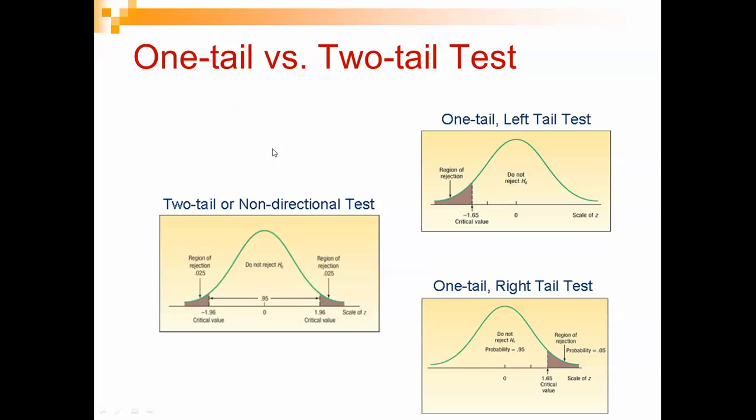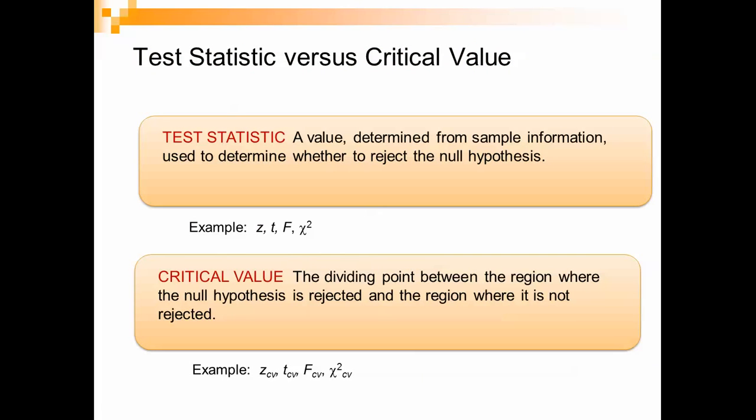So let's make a distinction between a test statistic and a critical value. The test statistic is a value that's determined from sample information used to determine whether to reject the null hypothesis. So we have our z, a t, an f, which we haven't gotten to, or chi-squared. And then our critical value is the dividing point between the region where the null hypothesis is rejected and the region where it is not rejected.